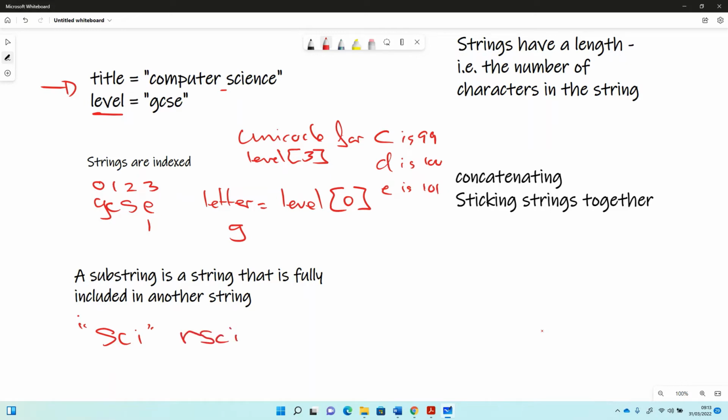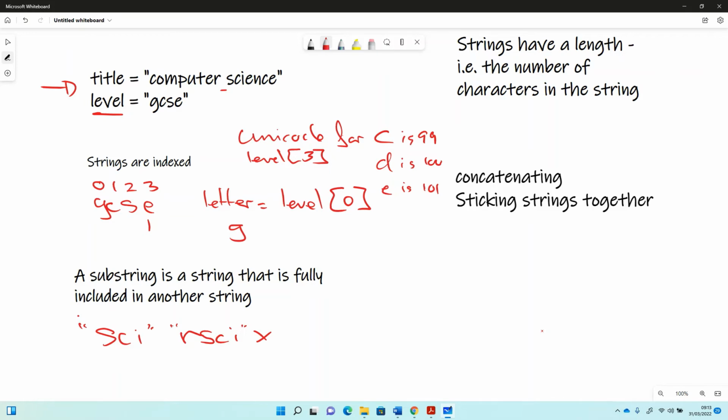The other one, on the other hand, is not, because there is a space, and that's what they were trying to get you to think about in this question: where are the spaces. So there was a space here, and space counts as a character. It's ASCII 32 actually as a character, space. So that one is not a substring.